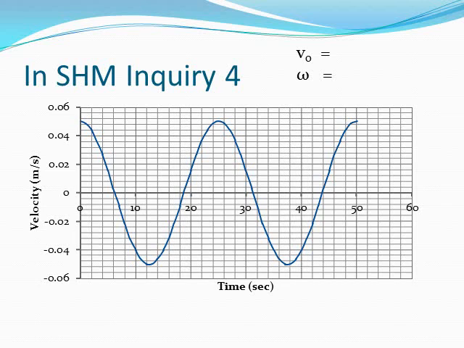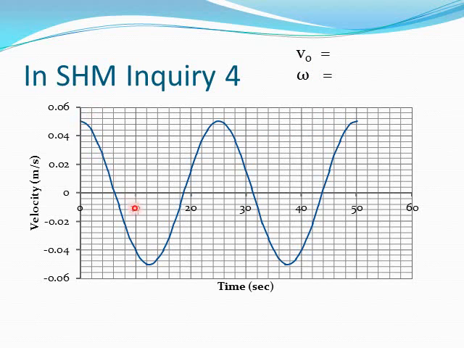Like we predicted, this is the shape of the velocity versus time graph if we found the slope of the position at lots of different locations. The main one that we need to find is the maximum velocity, which looks like we calculated, V naught, to be around 0.05.